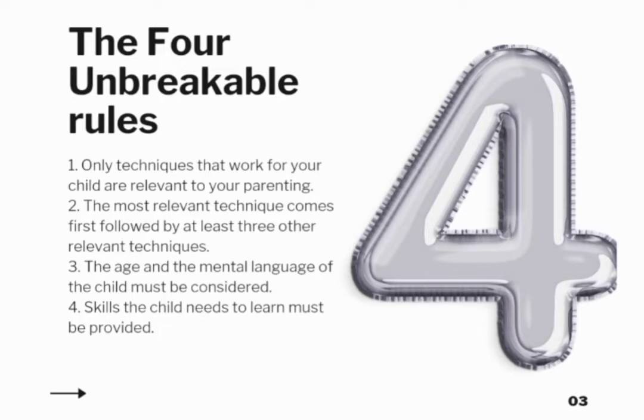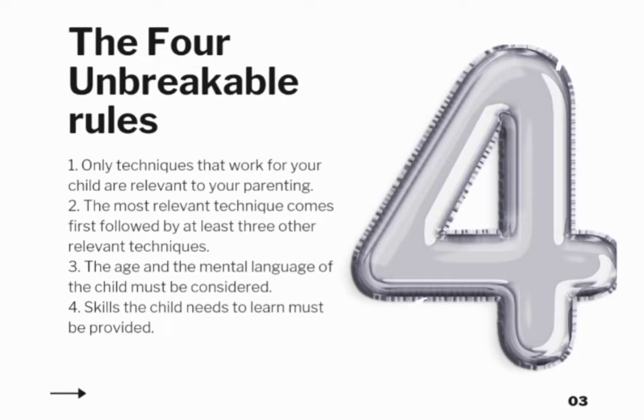Thirdly, the age and the mental language of the child must be considered. The mental language of the child is how the child's brain processes information. Your child's mental language is how he processes information, especially when things are not working his way. There are three kinds of mental languages.